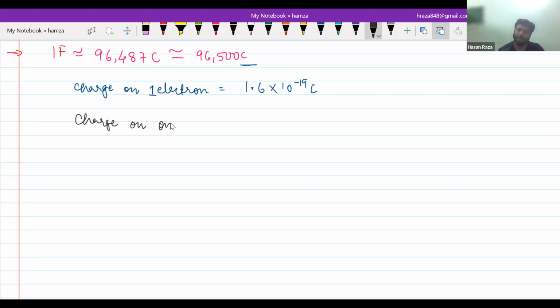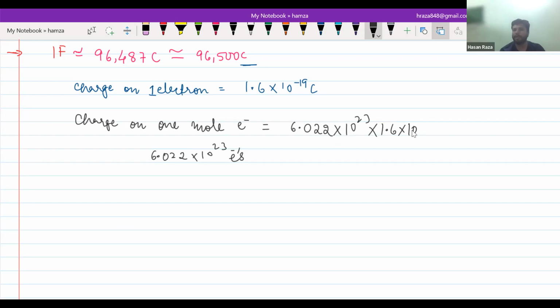But do you know charge on 1 mole electron? 1 mole electron means 6.022 into 10 raised to the power 23 electrons. Charge on 6.022 into 10 raised to the power 23 electrons will be approximately equal to 6.022 into 10 raised to the power 23 into 1.6 into 10 raised to the power minus 19 coulomb.